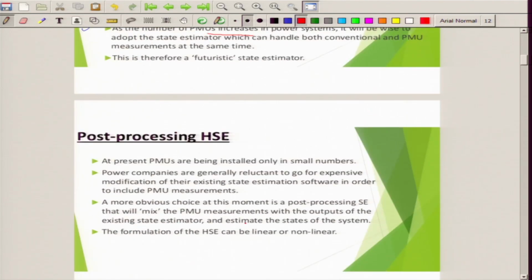Now we will discuss post processing hybrid state estimation. At present, PMUs are being installed only in small numbers. So the power companies are generally reluctant to go for expensive modification of their existing state estimation, which I have already told. A more obvious choice at this moment is a post processing state estimation that will mix the PMU measurements with the outputs of the existing state estimator and estimate the state of the system.